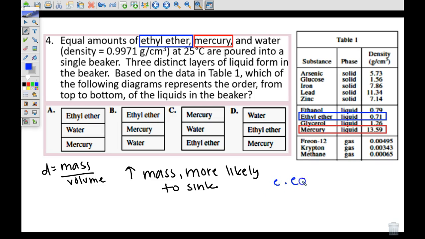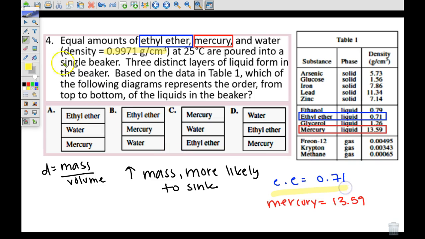So ethyl ether has a density of 0.71. The next substance is mercury, which has a density of 13.59 grams per cubic centimeter. So because it has a higher number in terms of density, it means it's going to sink compared to the ethyl ether. And then the last thing we have is water, which the density is given to us in the problem.